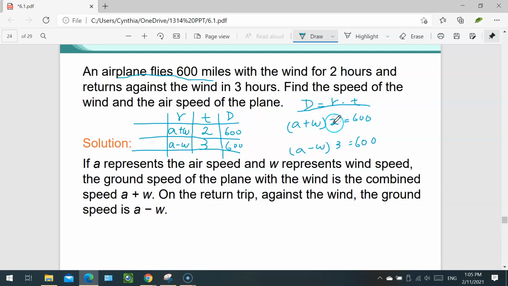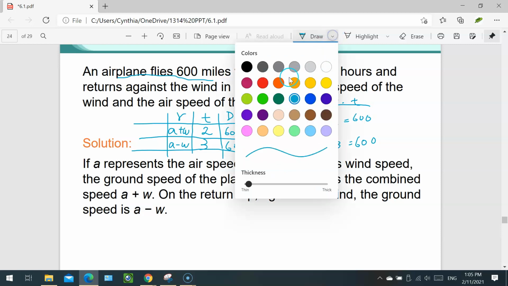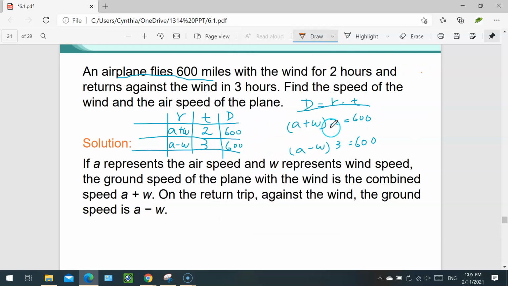Now we divide by 2 first because that's the easier way to solve the equation. So we divide by 2 on both sides. We get a plus w is equal to 300. Same thing, we divide by 3 in the second equation, so I have a minus w equal to 200.